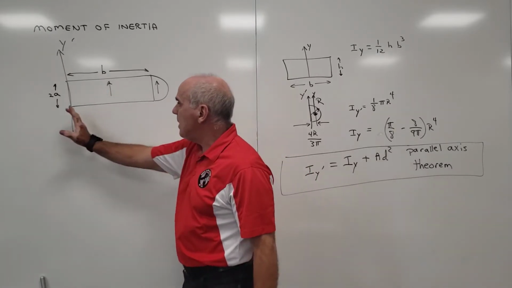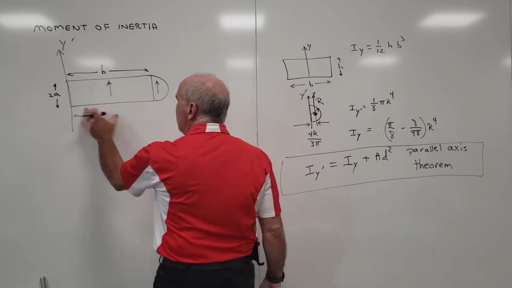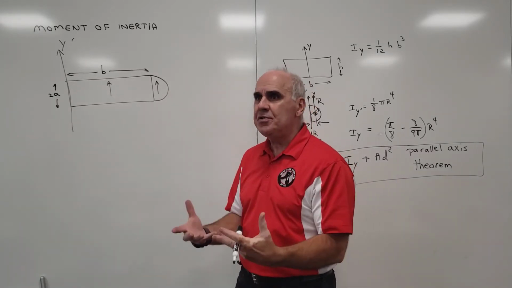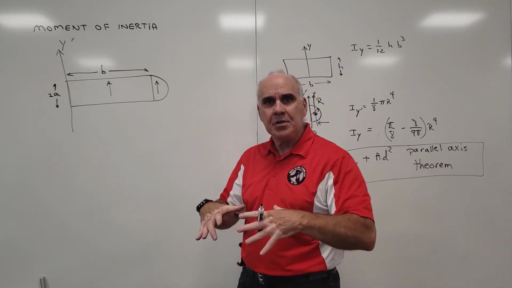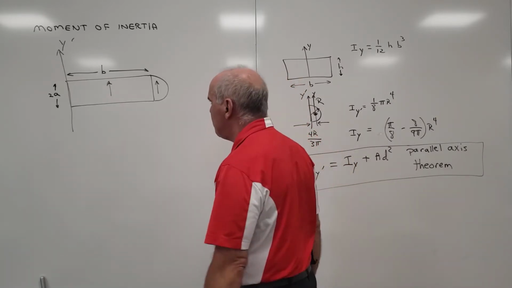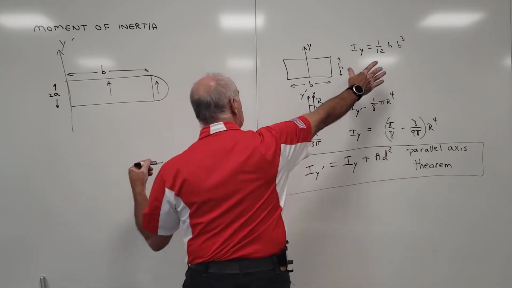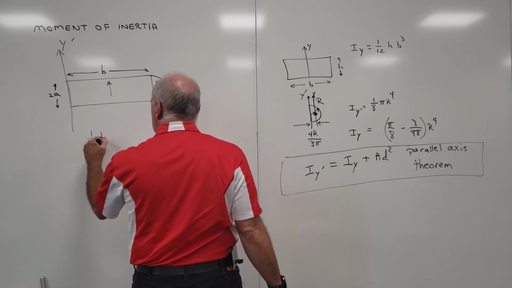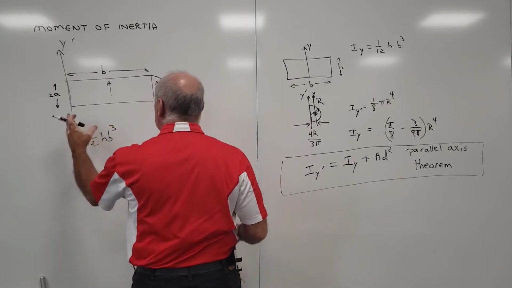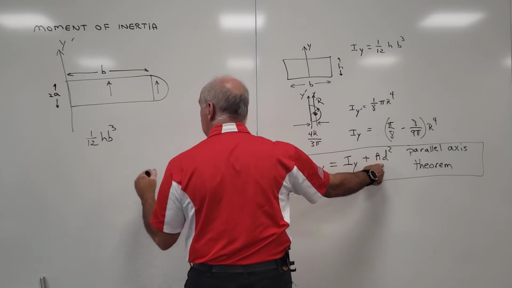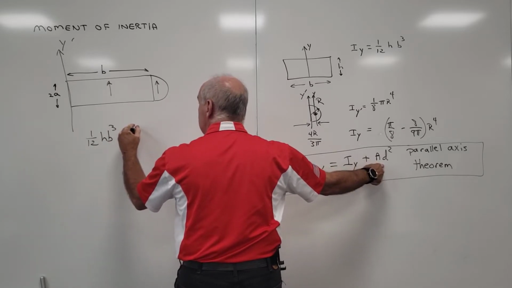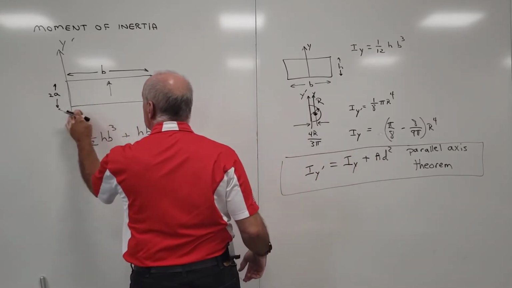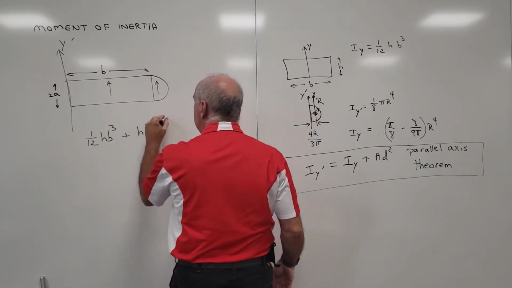All right, and so what I'm interested in is the moment of inertia. I'm just going to do the rectangle first. Remember, this is an integral, and so if I just do the rectangle and I just do the semicircle, then in the end, I add those together. So if I do this just for the rectangle, and I'm going to stick with this terminology for a second, I'm going to get 1/12 hb cubed, because it's about the y-axis, plus the area, which is hb, times the distance squared, but this distance is b over 2 squared, right?